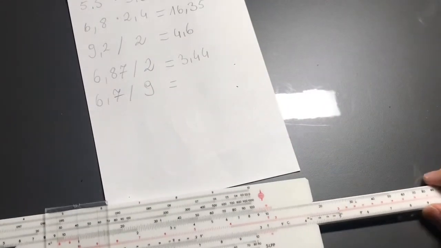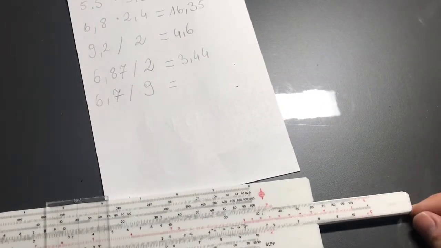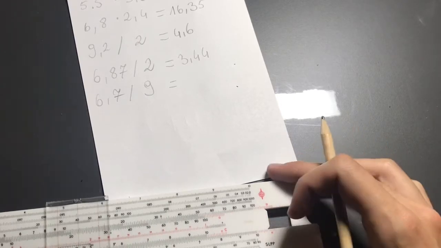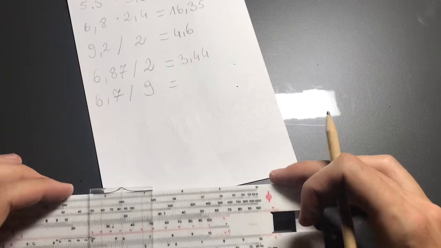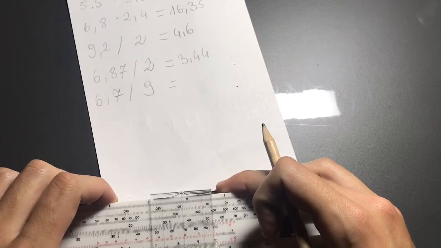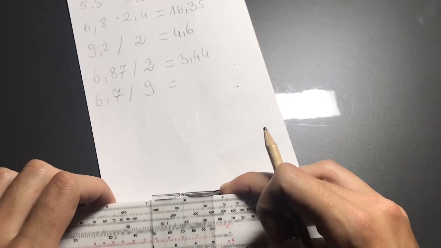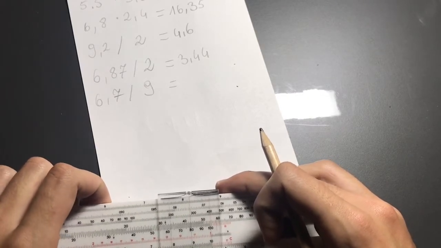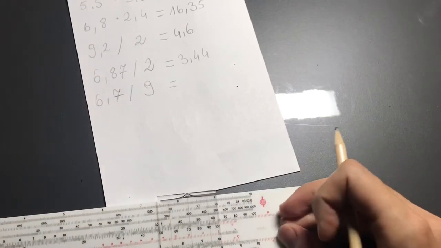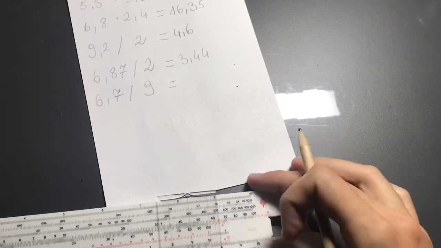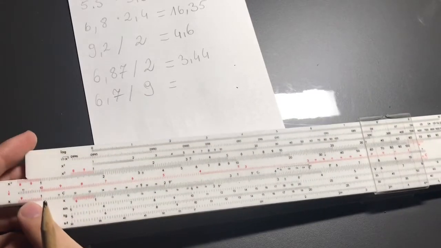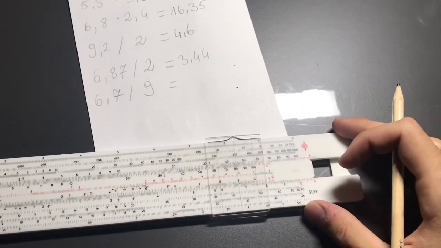Then we want to divide 6.7 by 9. It will be over the scale. So we have 6.1, 0.2, 0.3, 0.5, 0.6, and 0.7, and we want to divide it by 9. And we are over the scale on this side, obviously, which is not good.